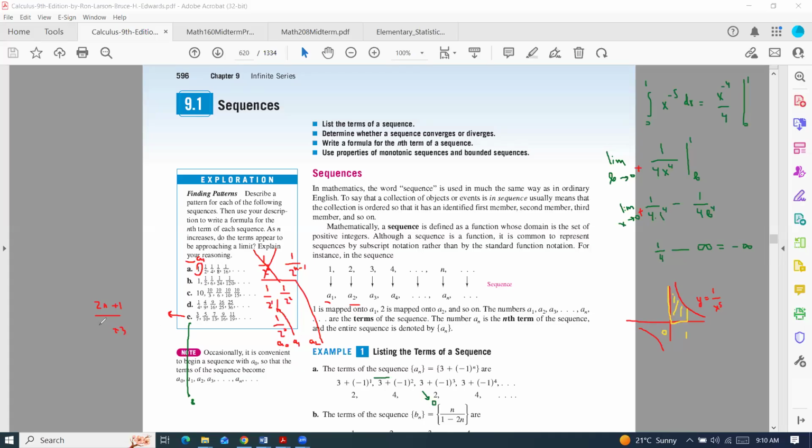So if I add 4 with 3n, when I have a1, the denominator will be 4 plus 3, which is 7. So you need to check, make sure that it works. For a2, I have to do all that. Yeah, it's not very hard.